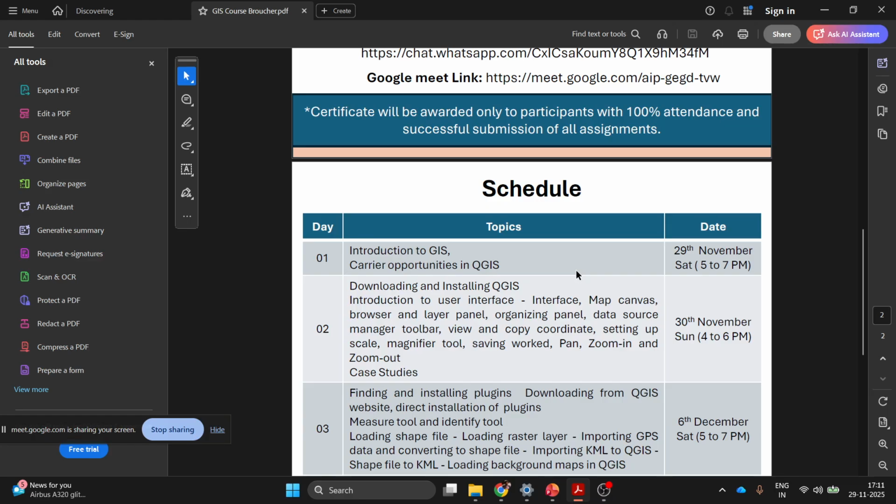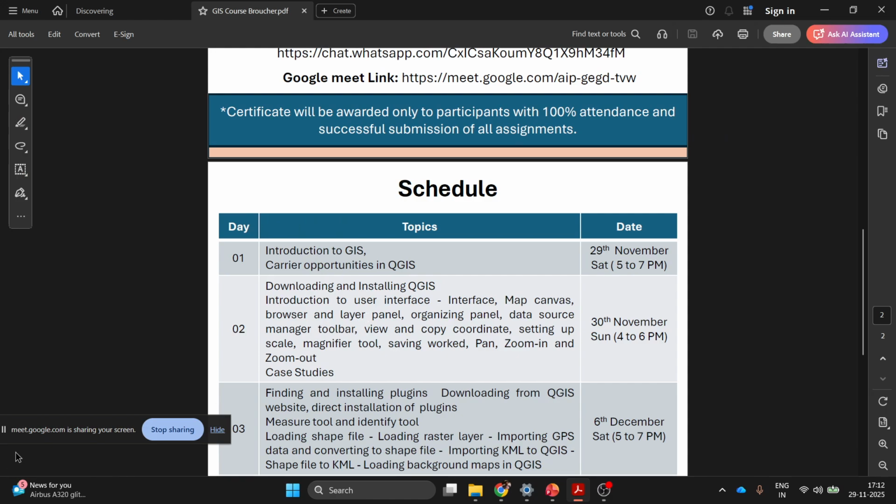Today's class is planned on introduction to GIS. Before using the software, there are a few aspects which one should know before doing a GIS analysis or any other project related to it. This course is designed in such a way that you can use this software for your upcoming projects, like your final year projects, and it will also be helpful in your job and other areas.